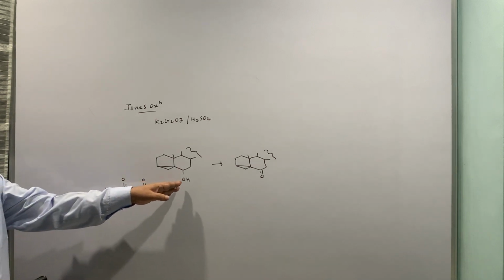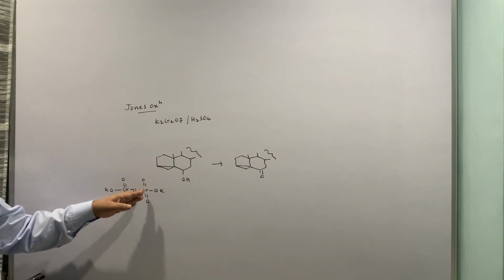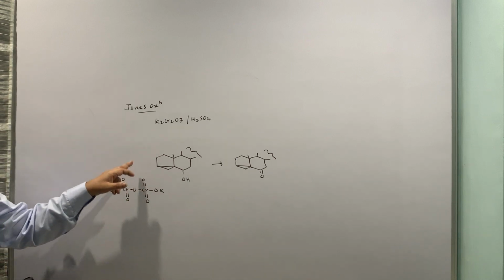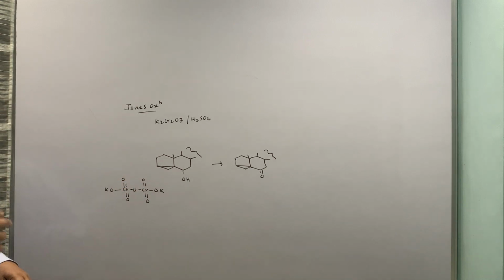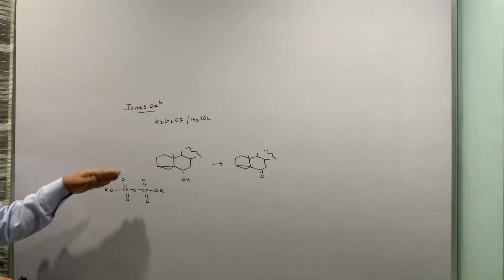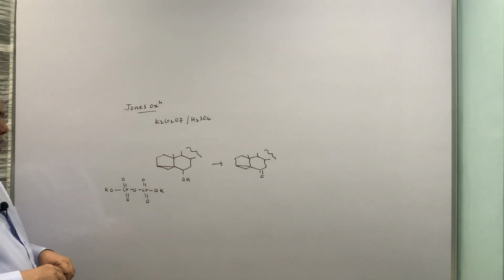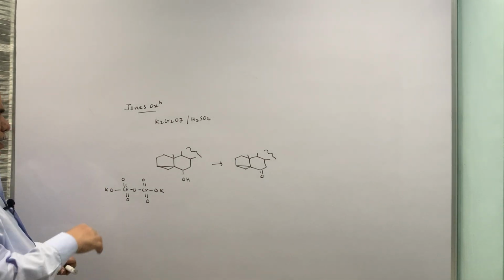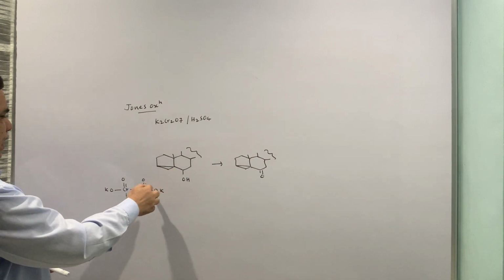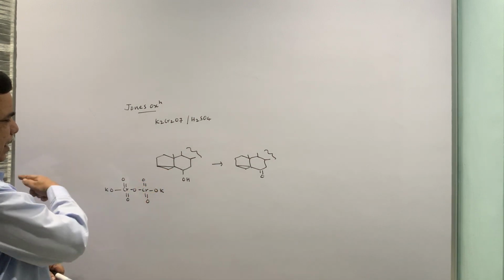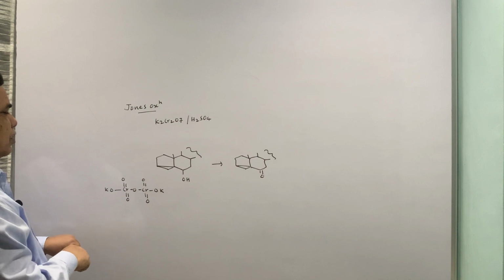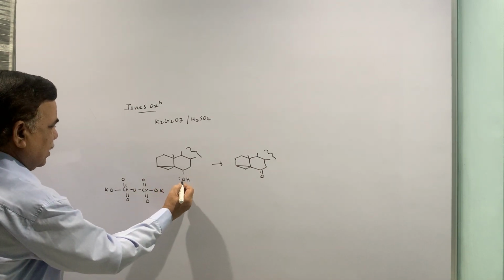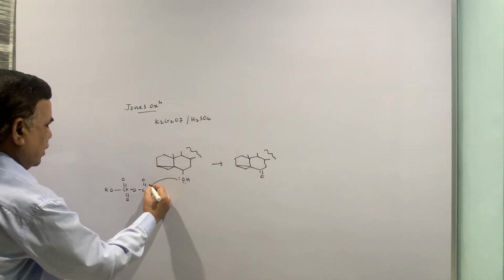And now this OH has to attack on the chromium. Chromium oxygen double bond is working as a sink and that is how the reaction initiates, and finally you can show the attack here, losing this entire group and then the loss of proton. So, let me put the mechanism, the attack here.